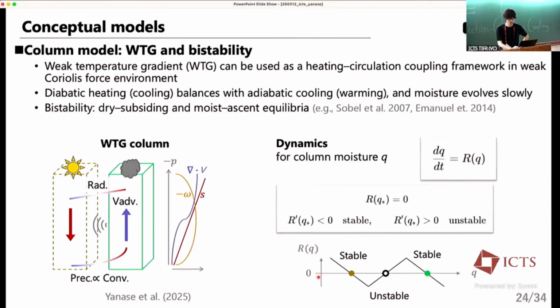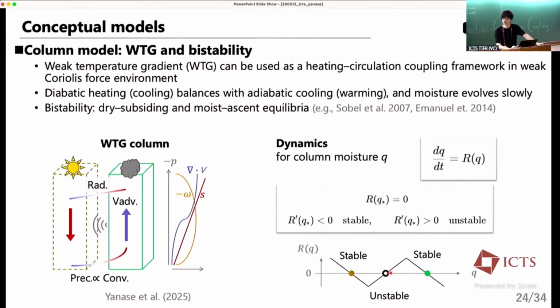First of all, if this tendency term becomes zero, it is a fixed point, an equilibrium point. But the stability is different. If the derivative of this tendency term with respect to moisture is negative, it is stable, but if it is positive, it is unstable. It is summarized in this figure. If we think about this reaction term, the tendency can be a function of q like this. There are three fixed points.